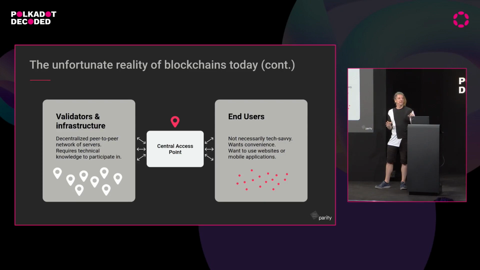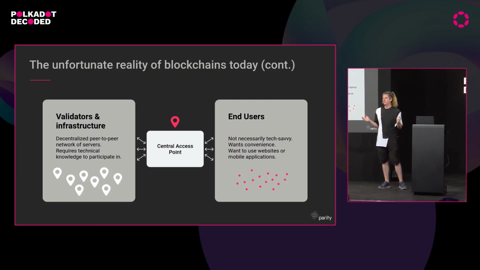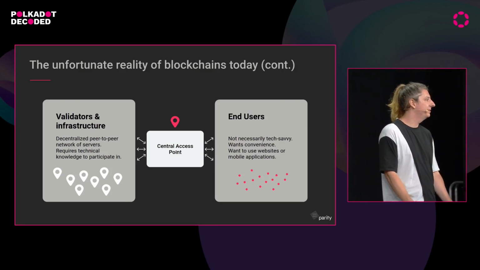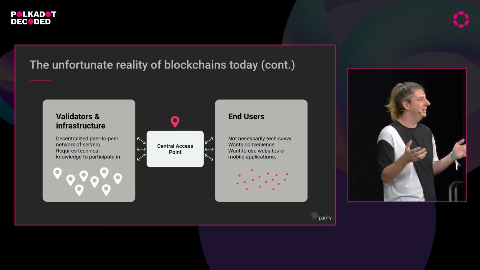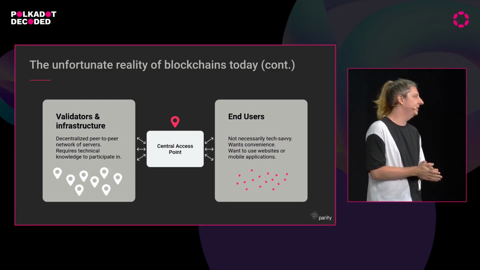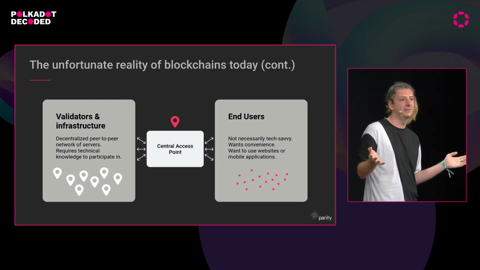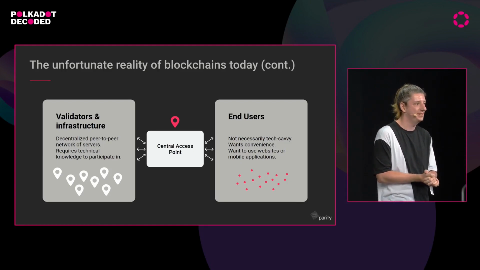On one hand, the validators and full nodes, which are really the chain itself. They are peer-to-peer, talking to each other, decentralized all over the world, and they're responsible for the maintenance of a chain. But accessing these full nodes is not very technically difficult, but it requires some technical knowledge that the general public cannot have, basically.